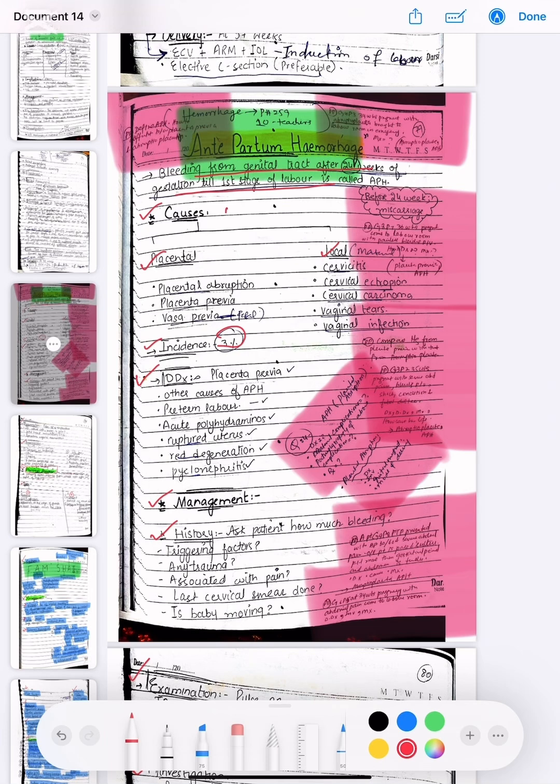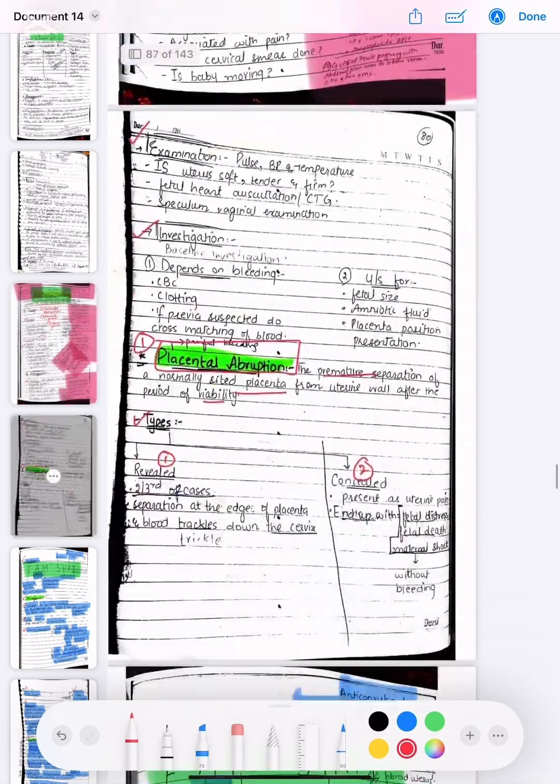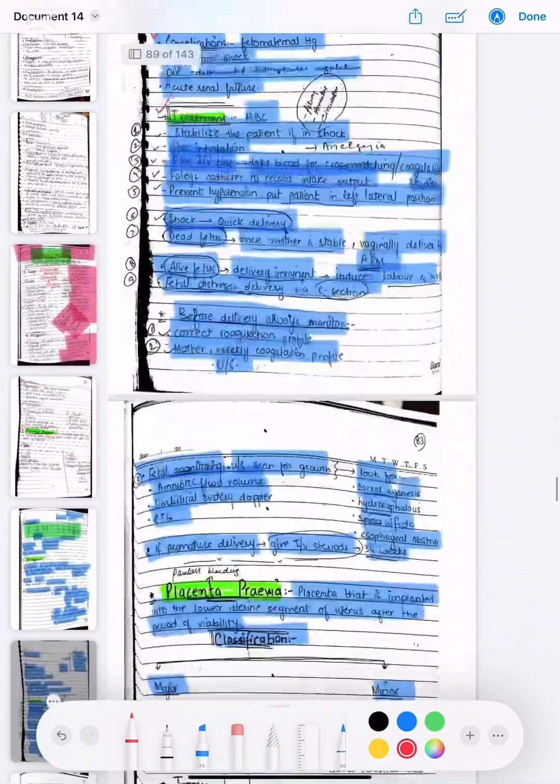Then we have different causes, which are placental abruption, placenta previa, and then Vasa previa. So we have revised antepartum hemorrhage and placental abruption.